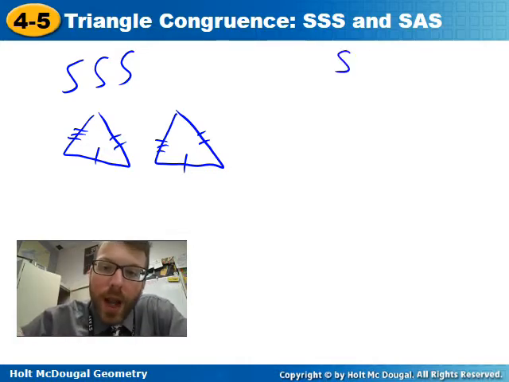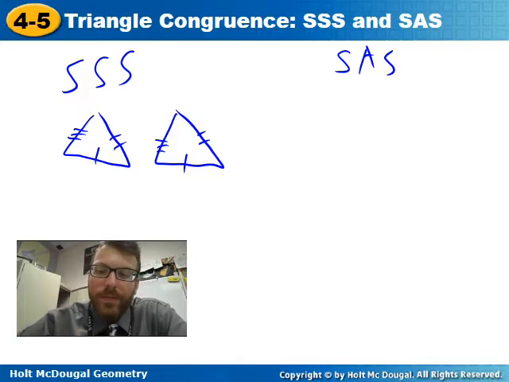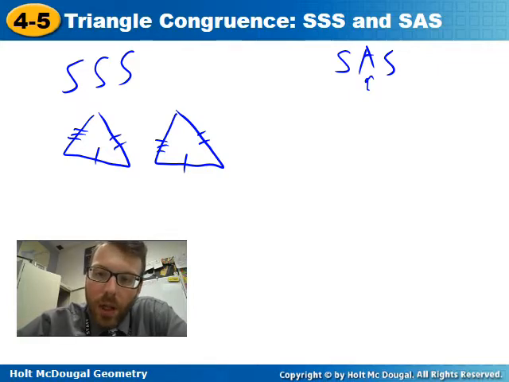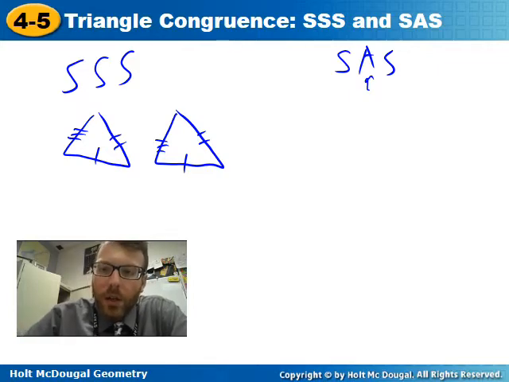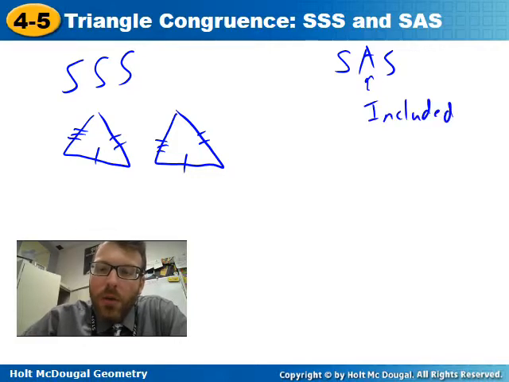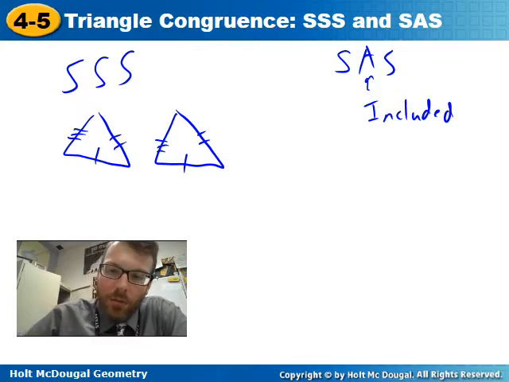We also have side, angle, side. Now, the reason why the angle is located between the 2 sides is because it's called an included angle. Included angles are between the 2 sides that are congruent. Let me show you.